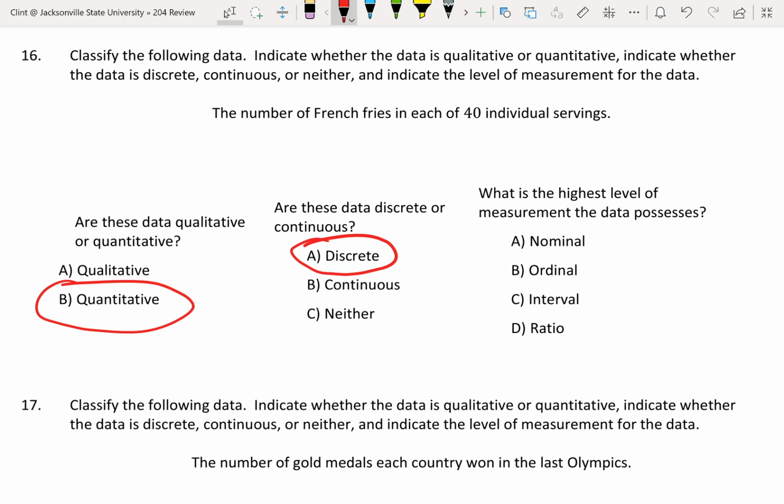It doesn't mean no heat, because you can go down negative below it. 0 is just a placeholder there. So degrees Fahrenheit would be interval. This one's ratio. 0 fries actually means no fries. Okay. Questions on that one?